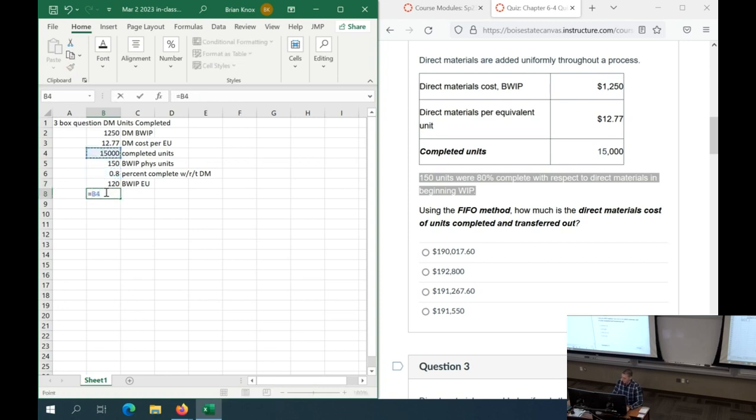And we take the total completed units and subtract away those beginning WIP equivalent units, because it wasn't work done with this period's rate. This wasn't done this period, so we're not going to charge this period's direct materials cost to that work. So we only have 14,880 equivalent units completed with this period's work.